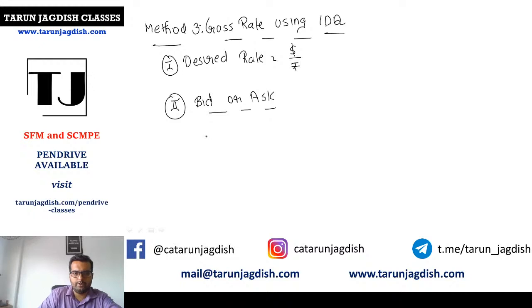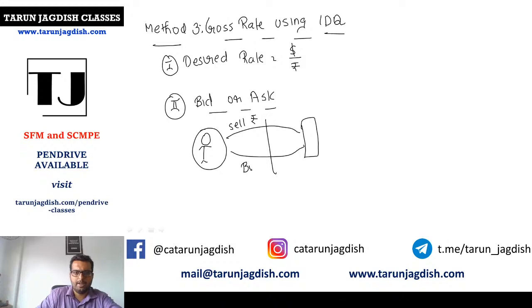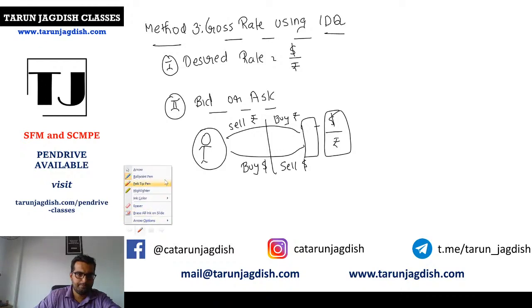So the equation over here will be Ria, bank. She will sell rupee and buy dollar, sell dollar, buy rupee, but now the exchange rate is what? Dollar bar rupee. What is a commodity?